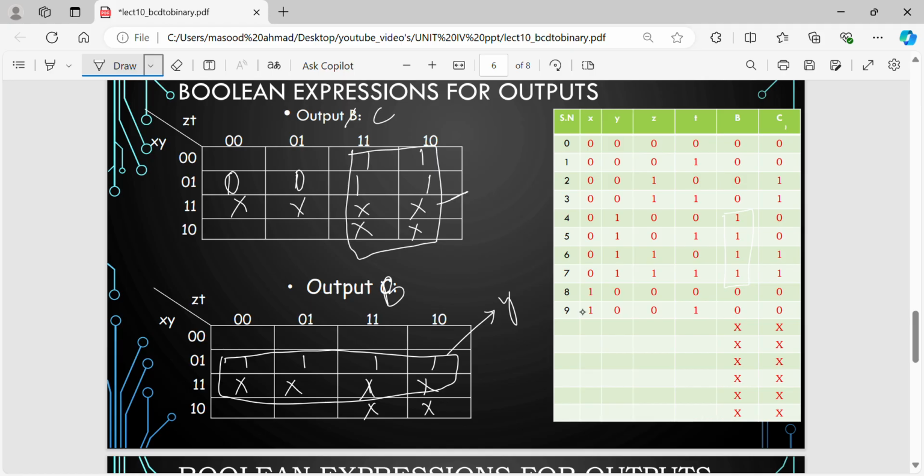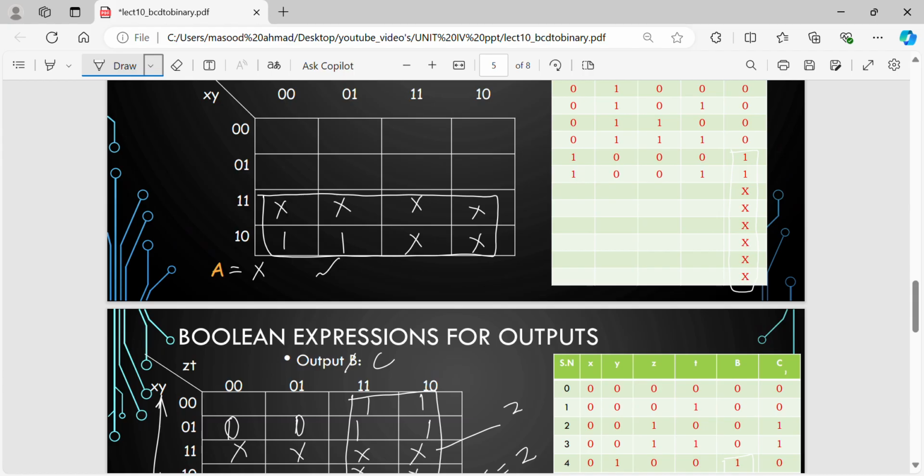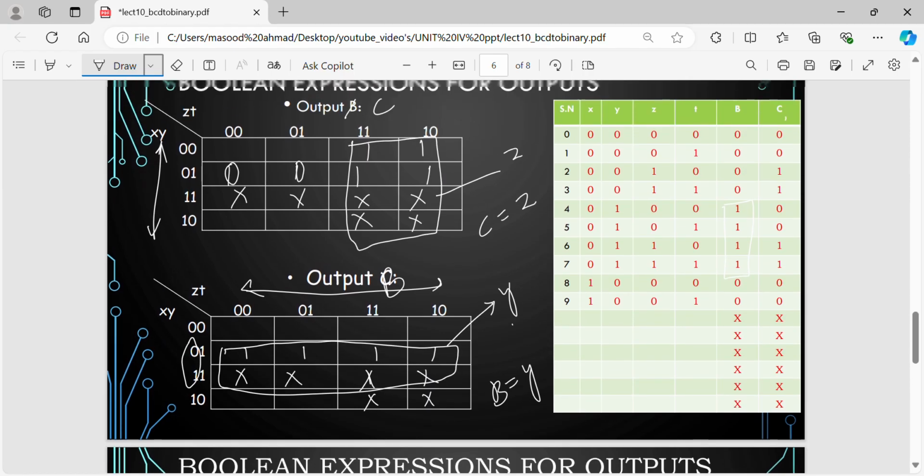For this, everything is changing, so no X or Y will come. Here Z and T both are changing. Here this is changing, this is only Y. Here this is only Z. So what did I get? B is Y, C is Z. Earlier, A is X. Is it the truth?